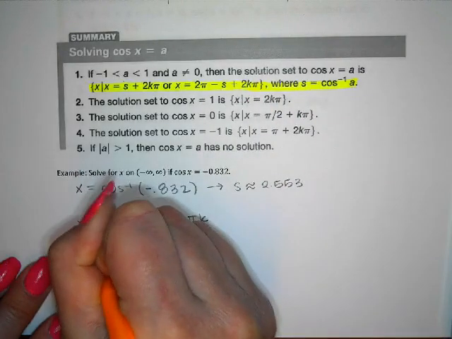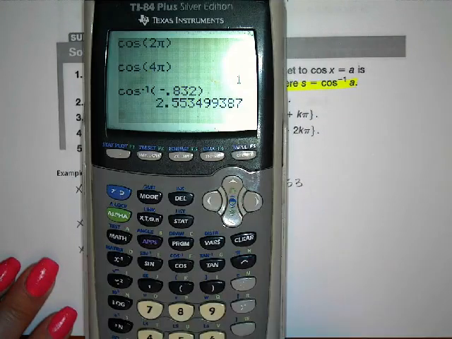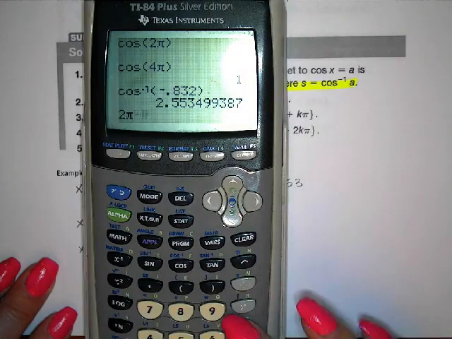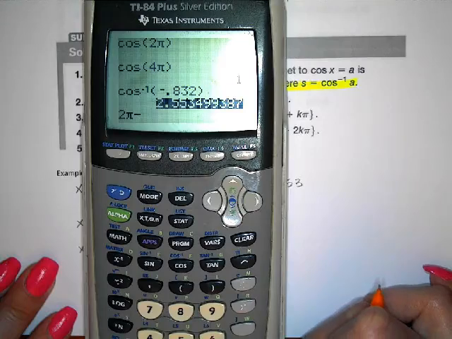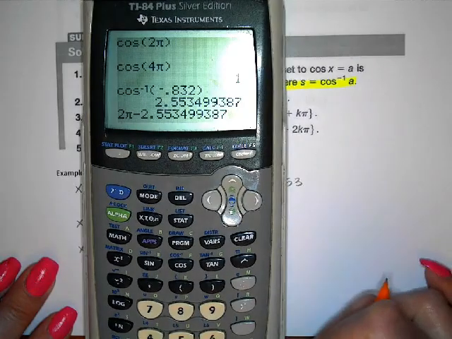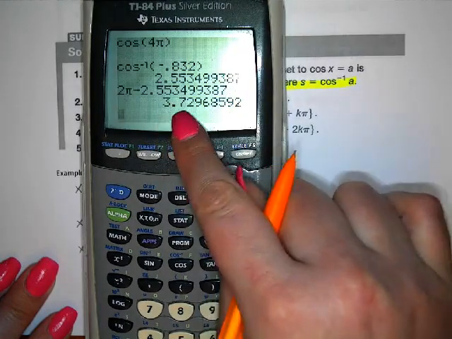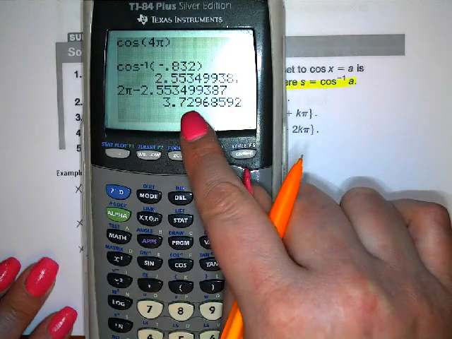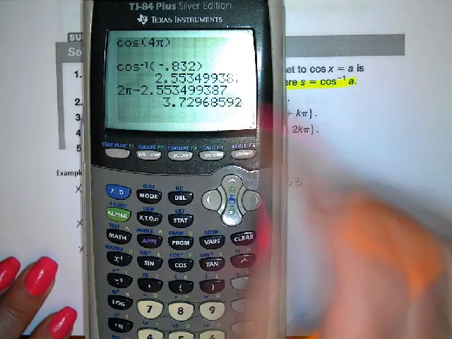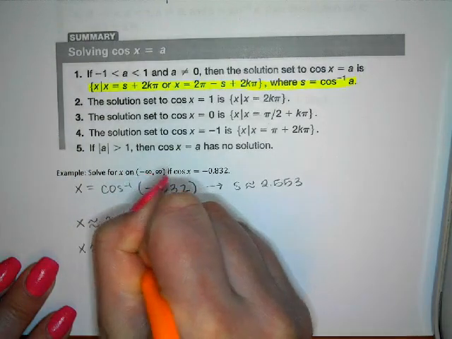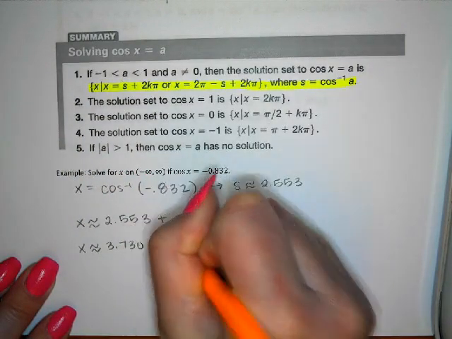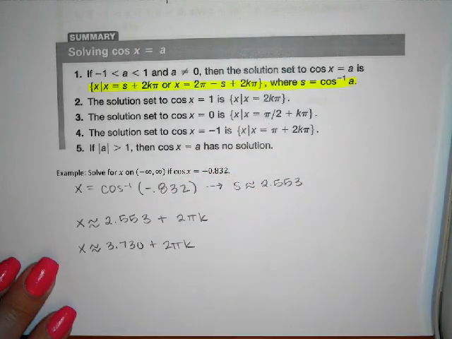So I'm going to do 2 pi minus, and then I'm going to go up here, highlight S, and press enter, so it copy-pastes it, 2 pi minus S, 3.729. The 29 is followed by a 6, so I'm going to write 3.730 plus 2 pi k. And so here are my two answers.